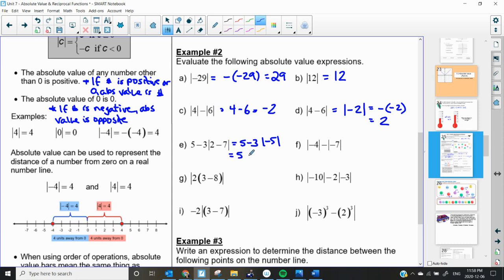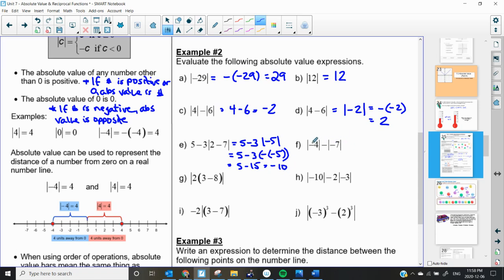And then we have 5 minus 3 times the absolute value of negative 5, which is 5. Notice we have 3 negatives there. So 3 times 5 is 15, so this becomes 5 minus 15, which is negative 10. Again, notice we can get negative answers.